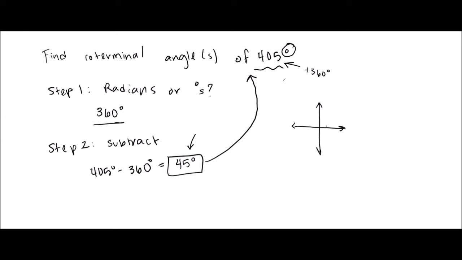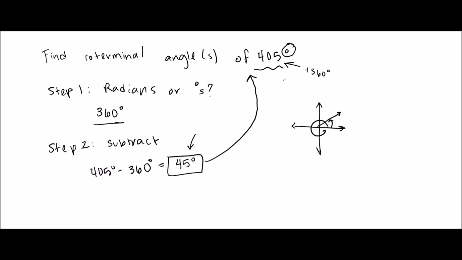So if we wanted to do this on the XY plane, because this is a positive angle, we would go around, that's 360, and then go another 45, just because it is easier for me to think about it in terms of how many 360 degrees do we have and then how much extra than to try and go around 405 degrees all at once.